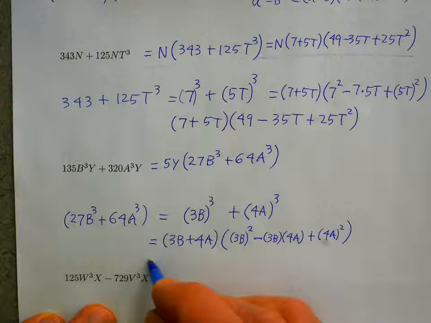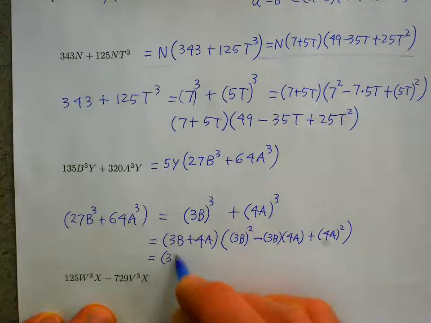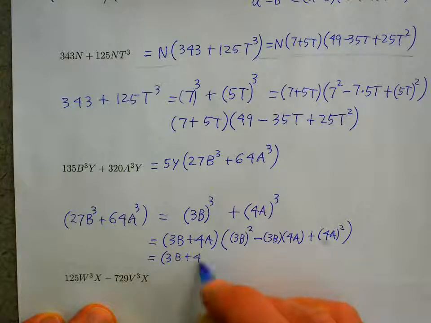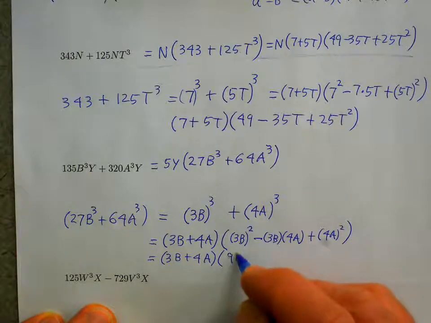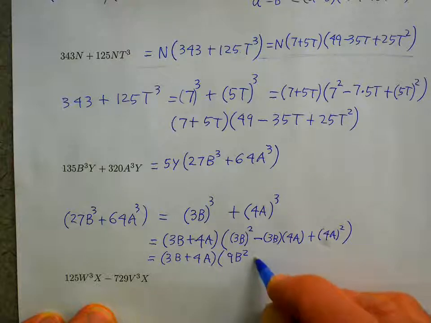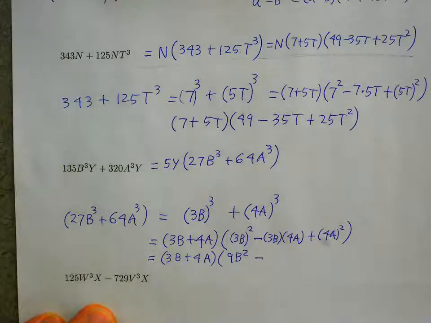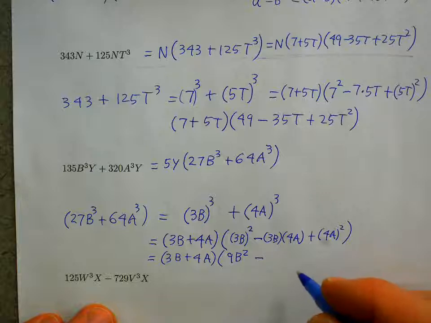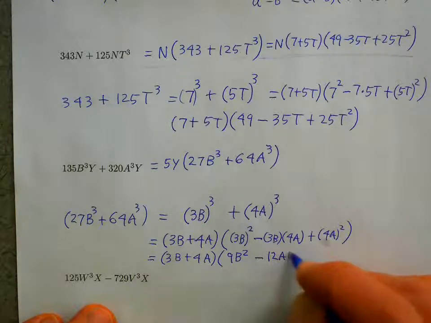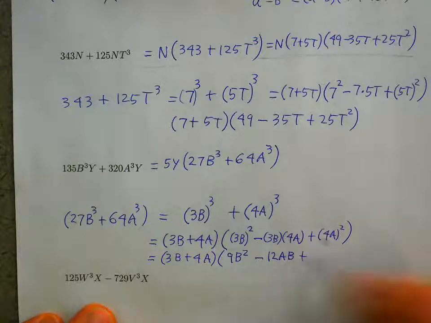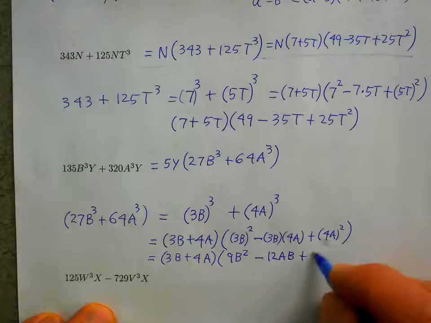And then in the next step, 3b plus 4a. And then the trinomial, when we square 3b, we get 9b to the second. And when we subtract 3b times 4a, that's the same as subtracting 12ab. And when we square 4a, we get plus 16a to the second.